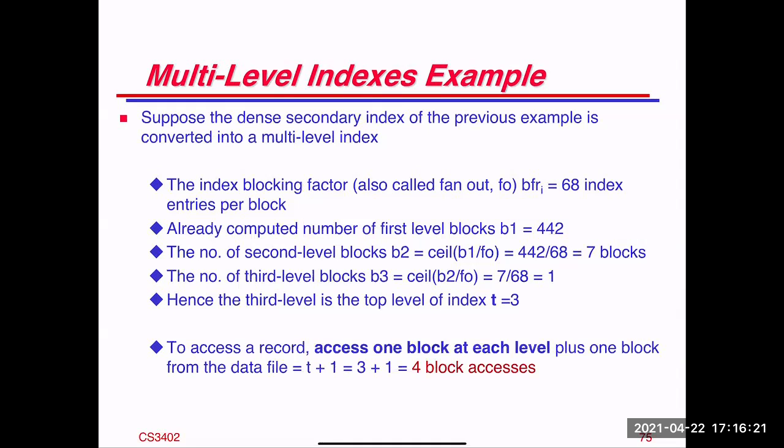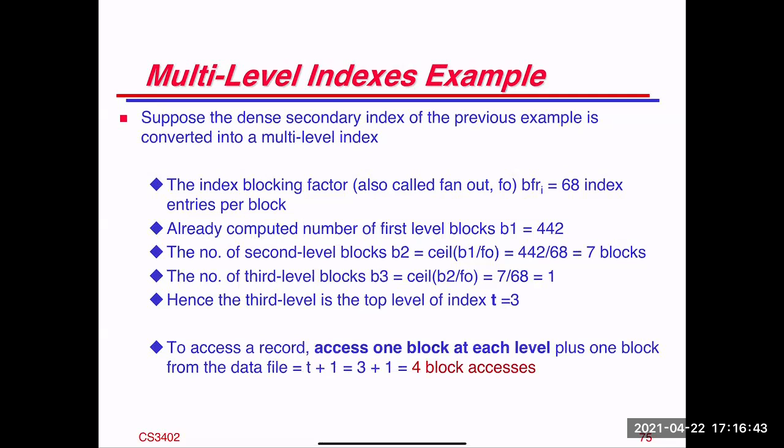Because each time you add a level, the number of index entries that you need will be shrunken down by the blocking factor, the index blocking factor to be precise, also called fan out. And so at some point you will reach a level where you only have a single block, and that will be your last level.